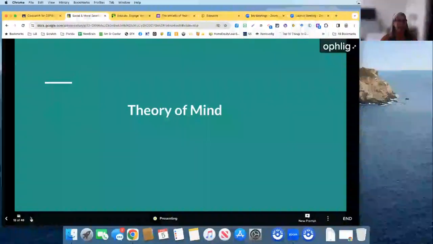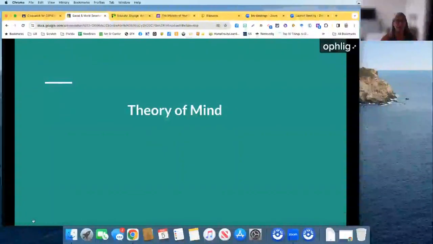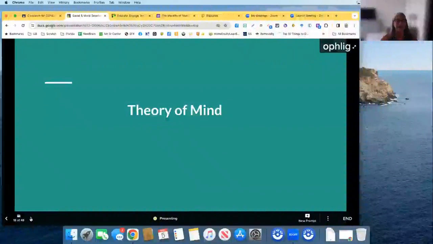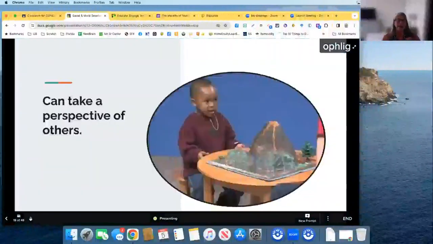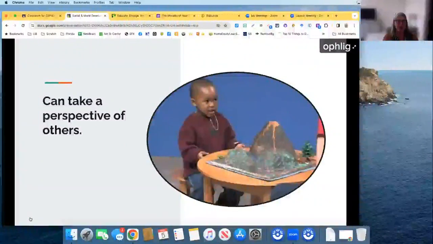Good. All right. Also in our textbook, this chapter talks about the theory of mind. Piaget really talks about the theory of mind a little bit too, when he talks about taking the perspective of others. So this little guy is being asked questions by the person sitting across from him: what do you think I see?